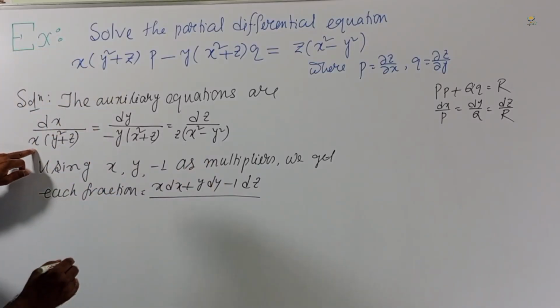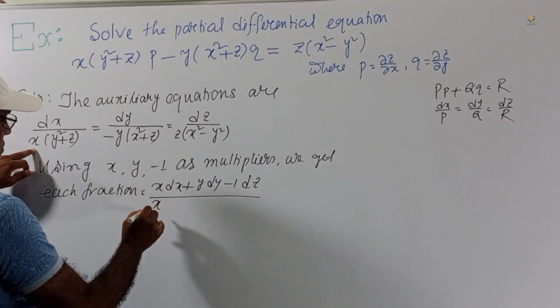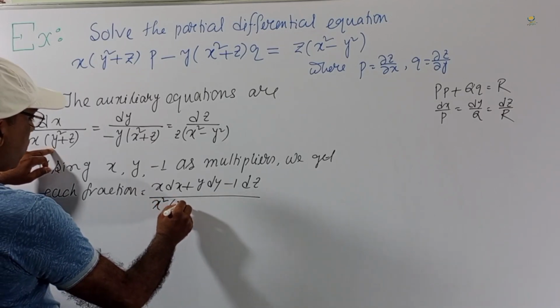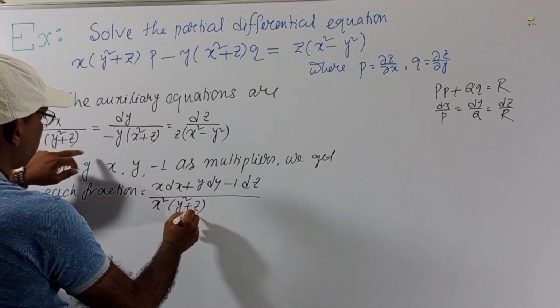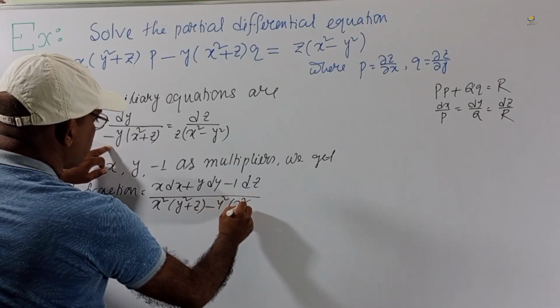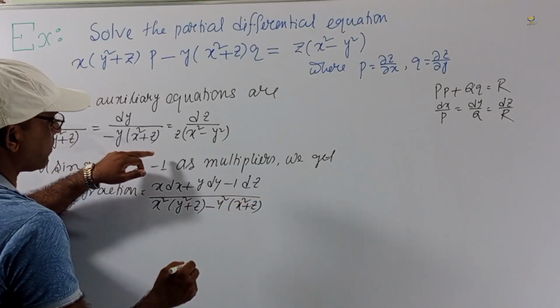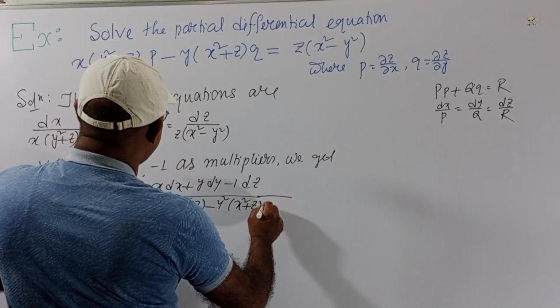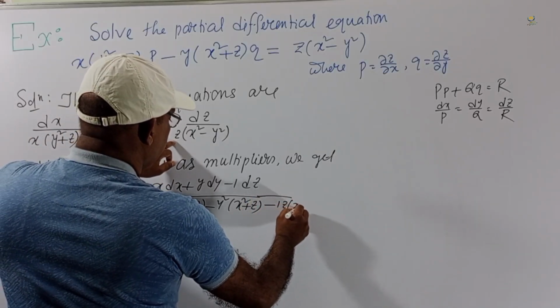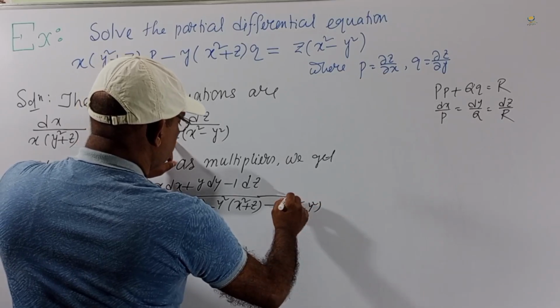And the denominator also, multiplying by x, this one x square into y square plus z, multiplying by y, y square into x square plus z, and minus 1, this is 1 into z into x square minus y square.